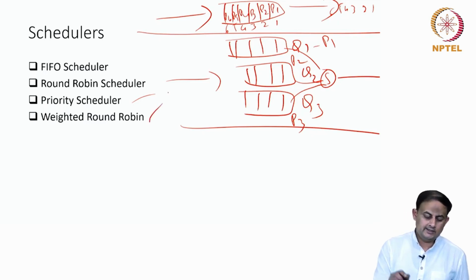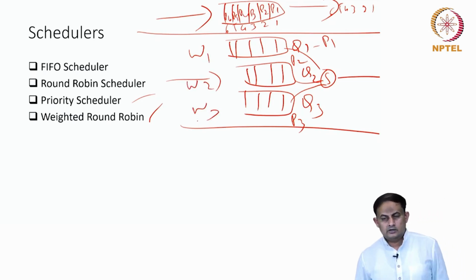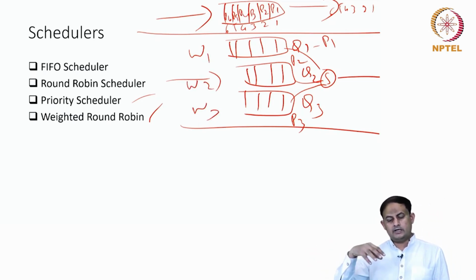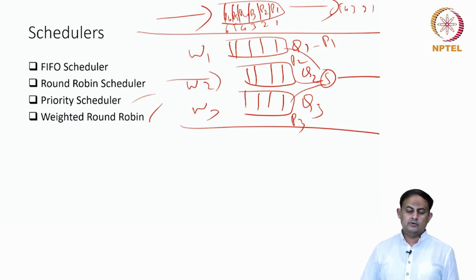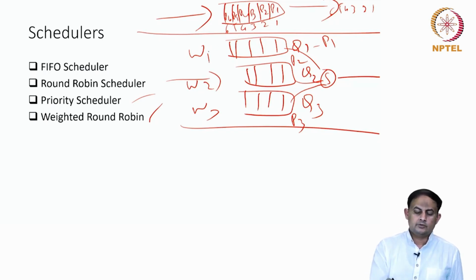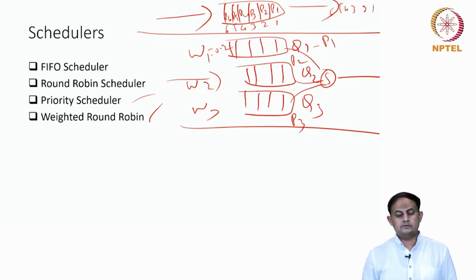That is where weighted round robin comes into the picture, where you assign a weight to each of these queues. Now I do not have the priority, but I have the weight assigned to the queues. W1 is the weight assigned to Q1, W2 is the weight assigned to Q2, and W3 is the weight assigned to Q3. For the sake of assumption, let us say the numbers are in fractions.